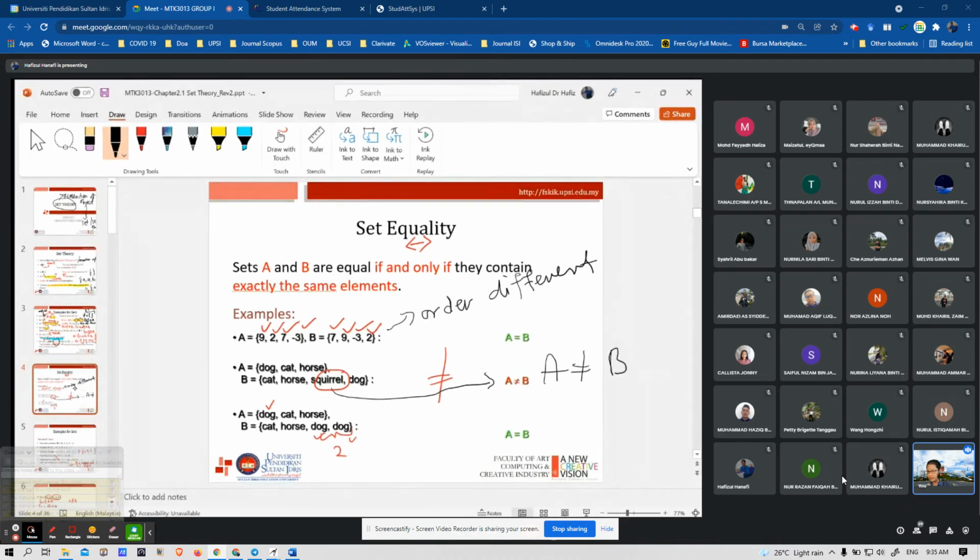Here we have dog, cat, and horse, and here we have cat, horse, and dog twice. We can conclude that set A is the same as set B because of the elements inside.